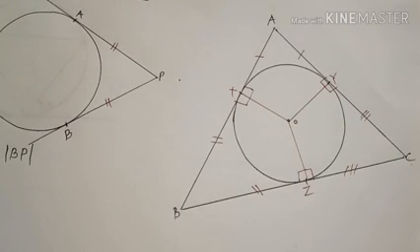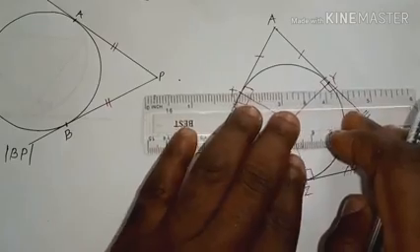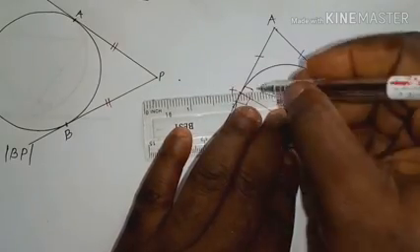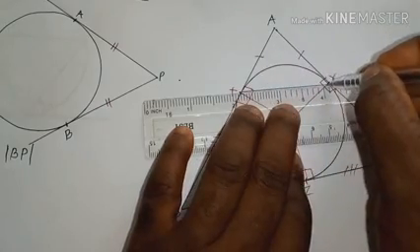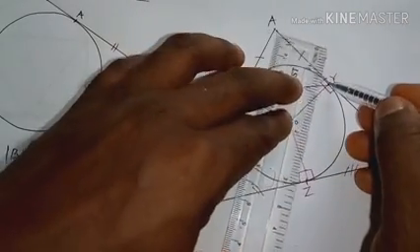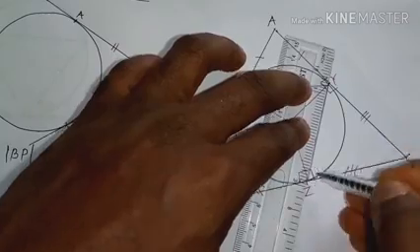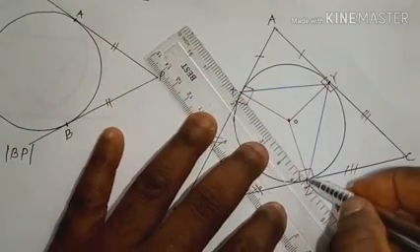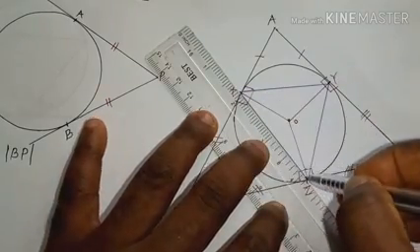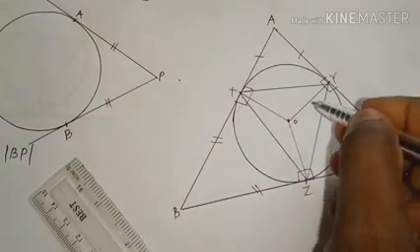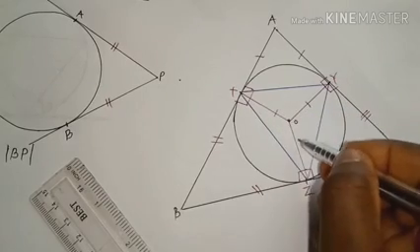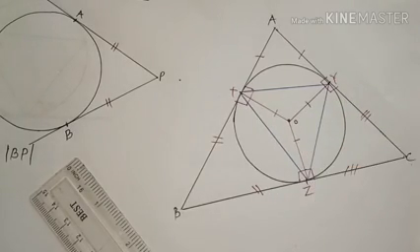Let's be creative with this diagram. Let's come over here and draw a line. Let me do the same thing here, and here. You will discover that these are radii. That means they are equal to themselves.